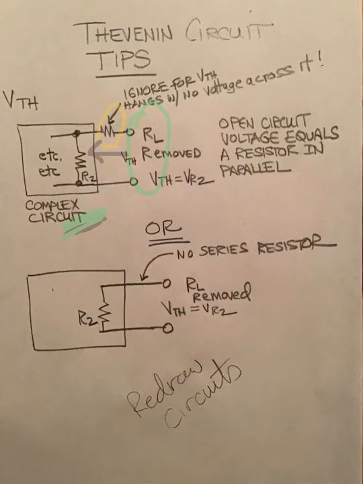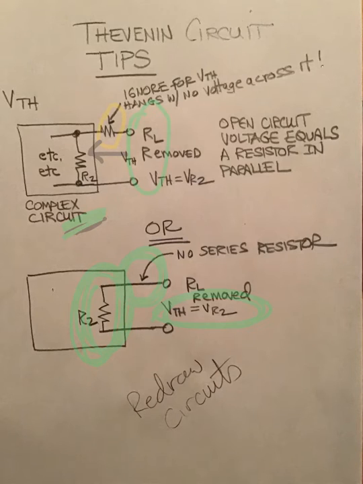Every single problem on the planet will either have that resistor there, or it will be this kind of scenario where that resistor is not there. If it is not there, then the Thevenin voltage is still the voltage across this resistor that sits in parallel with the gap.